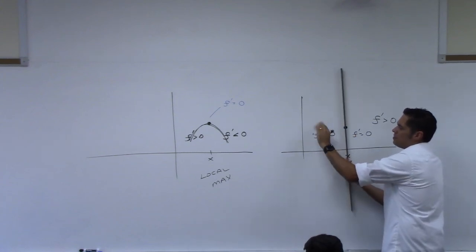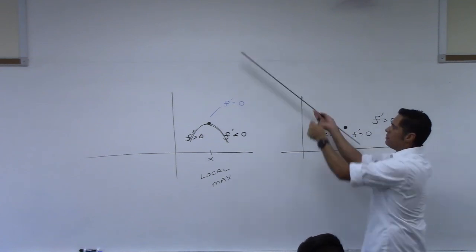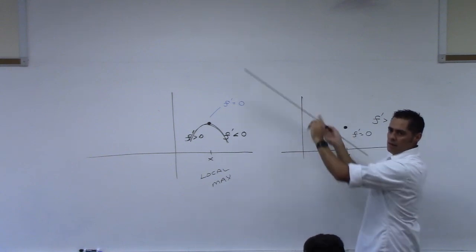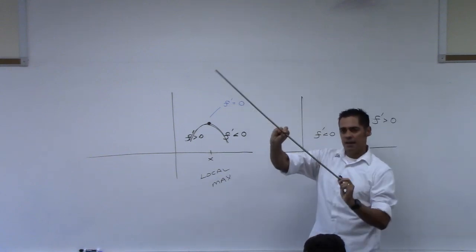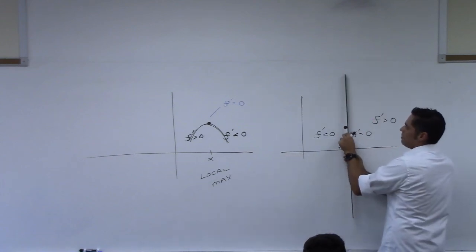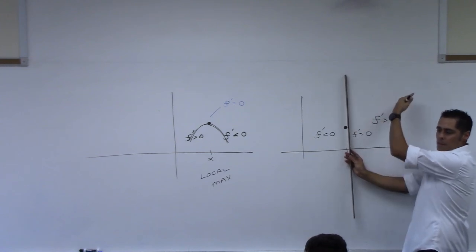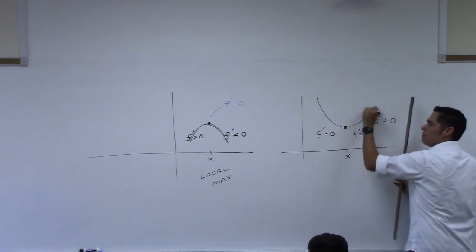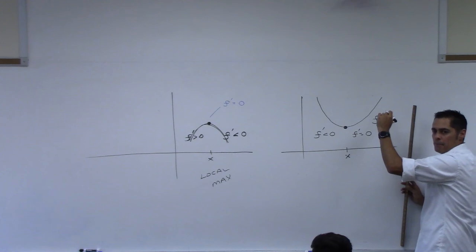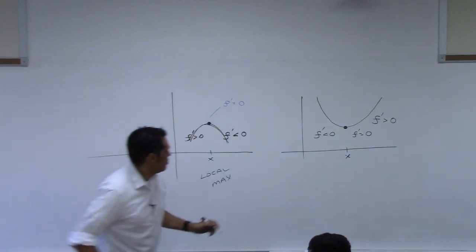If to the left of this my derivative is negative, means my graph is going which direction? Down. Negative derivative means the slope of the tangent line is pitched down, right? So if to the left of this my graph is coming down, and to the right of this my graph is going up, then it must do something like that, right? So that would correspond to a local minimum.